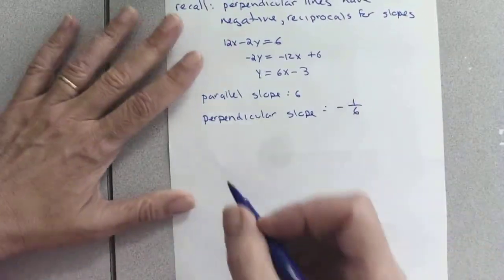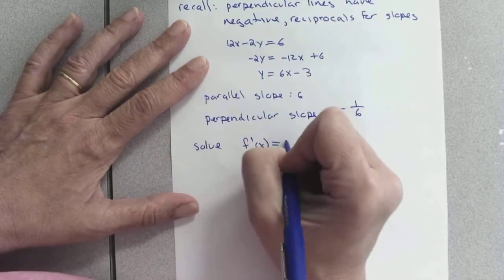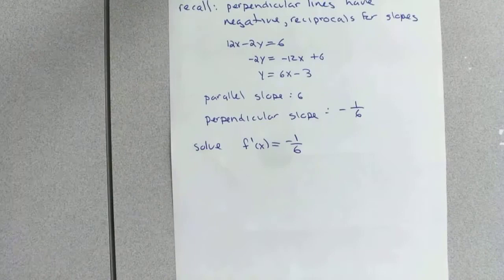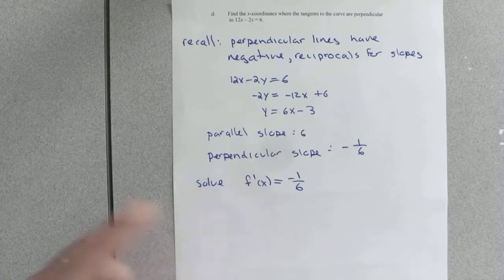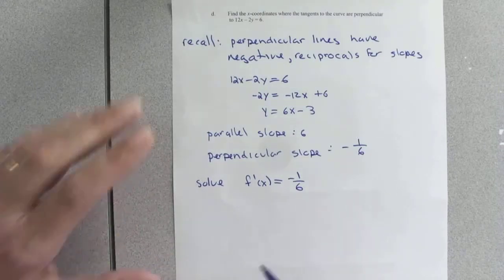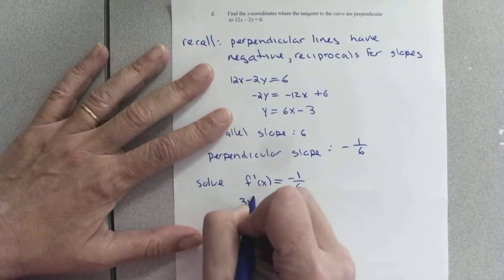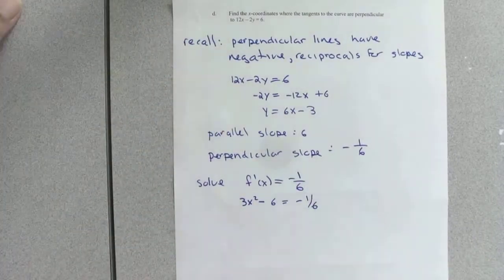And so what we want to solve here is f prime equals negative 1/6, because it says x-coordinates where the tangents are perpendicular. Well, the perpendicular slope is negative 1/6, which means the tangent slope needs to be negative 1/6. Tangent slopes are given by the derivative. We've calculated that derivative a couple times. It was 3x squared minus 6 equals negative 1/6.